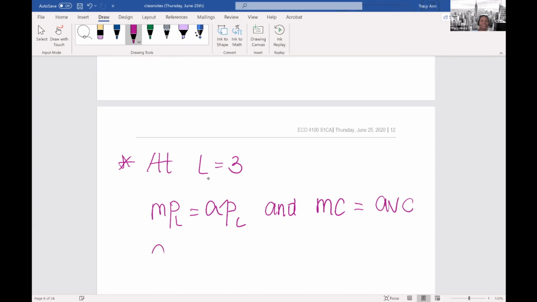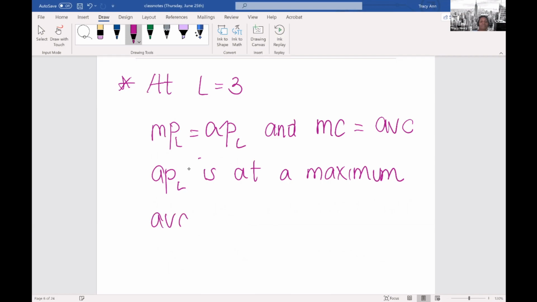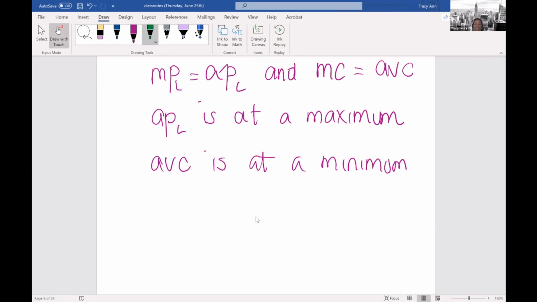So I know that my average product of labor is at a maximum, and my average variable cost is at a minimum. Okay. So this is how you can see that change around with that relationship between your costs and your productivity, your average cost and your average productivity. There is that very nice relationship between the two of them.